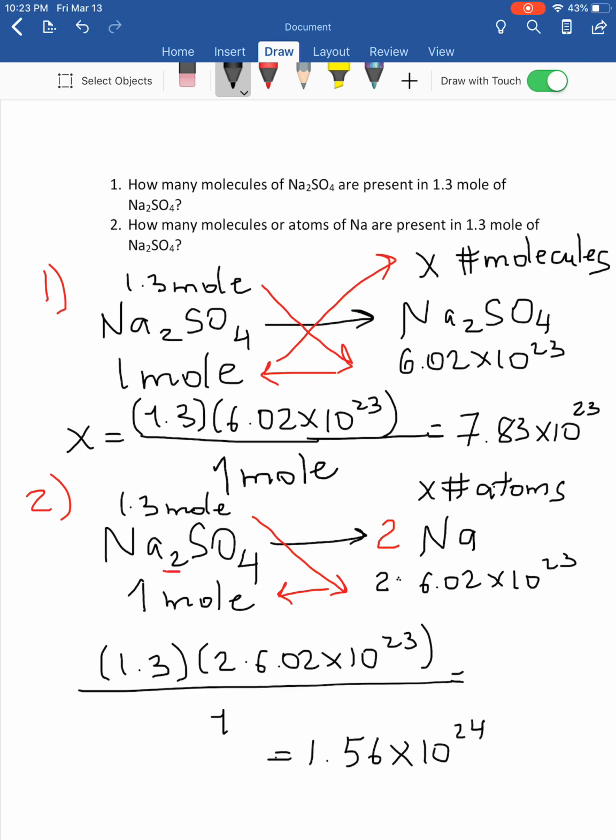So this is the number of atoms of sodium present in the sodium sulfate.